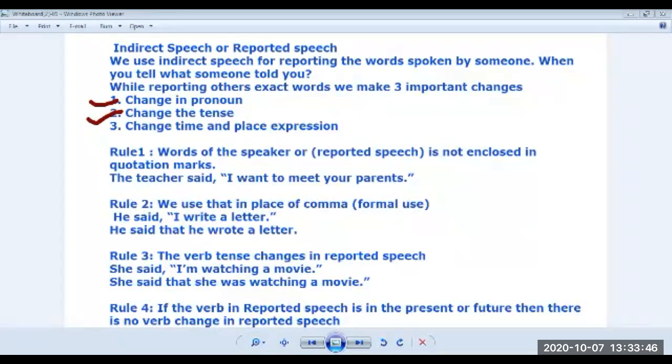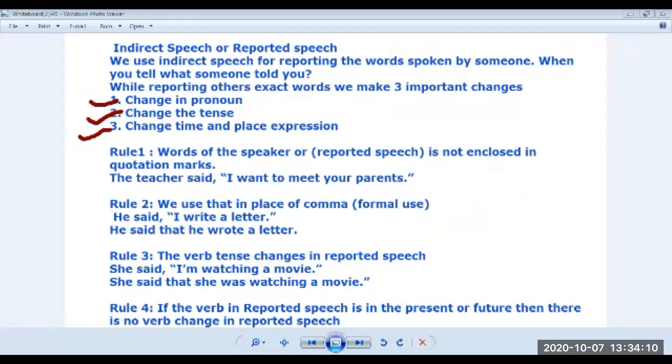Then we change the time and place expressions, for example, when it happened or where it happened. Every sentence will not have a time or place expression, but if there is one, then that will also change in indirect speech. So now let's follow the rules. How do we change direct speech to indirect speech?